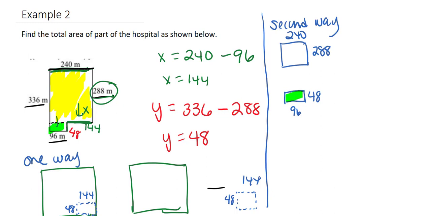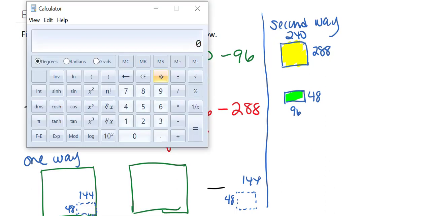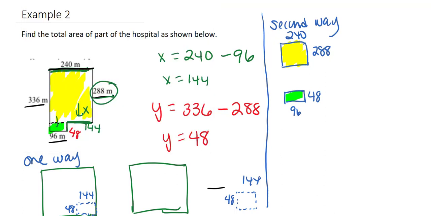We'll color this in to show which part is which. So all we have to do is multiply 240 times 288, because it's the length times the width. So we have 240 times 288, and we get 69,120.